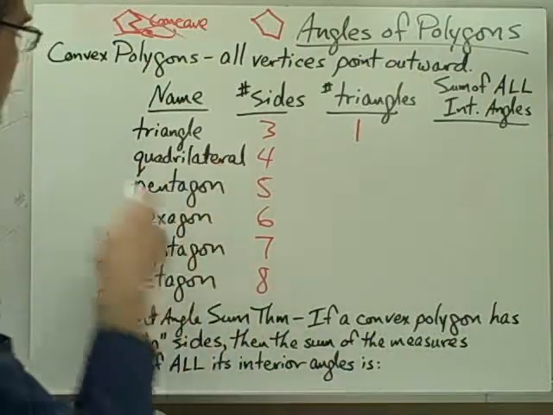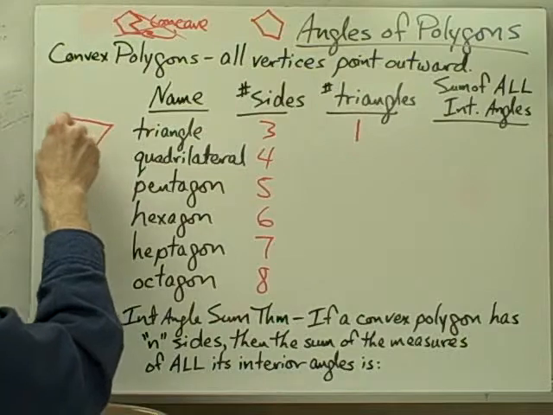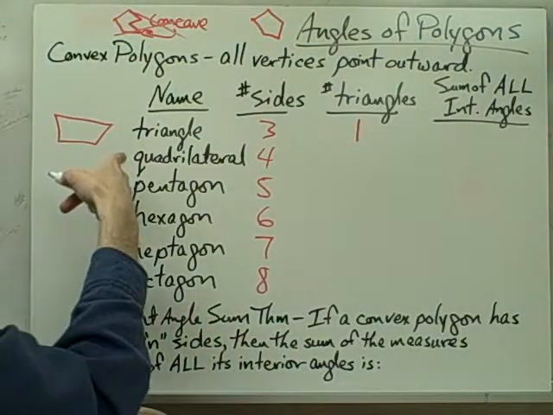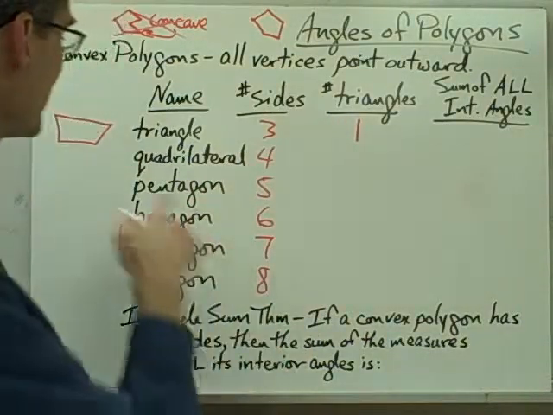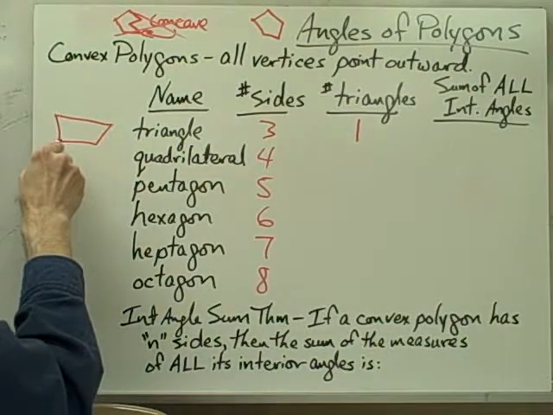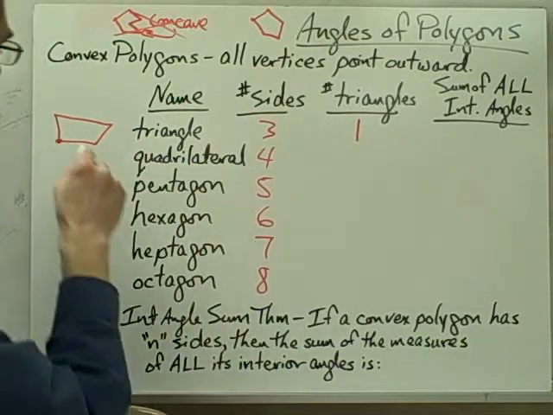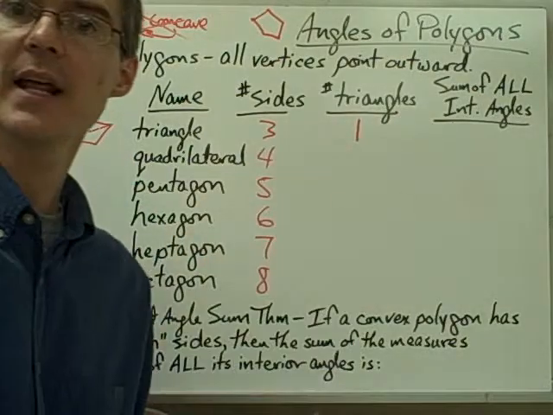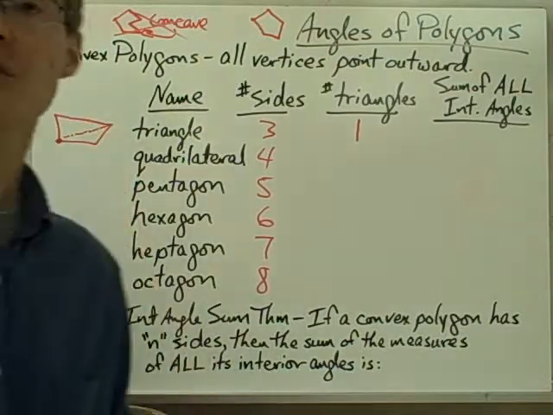Now, if you talk about a quadrilateral, and here I want to draw a picture of a quadrilateral, and it can be just any particular shape as long as it has 4 sides. So here's a picture of a quadrilateral. It's got 4 sides, and when I talk about the number of triangles in this quadrilateral, what I mean is if I pick one vertex of my quadrilateral, and if I draw a diagonal to all of the opposite vertices that I can draw a diagonal to, then I'm going to divide my polygon here into some number of triangles.